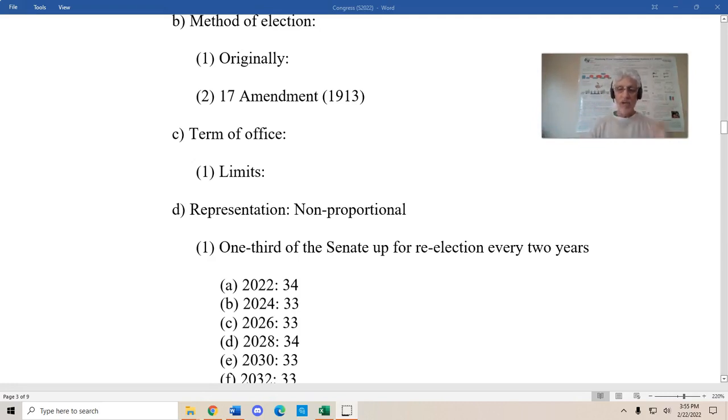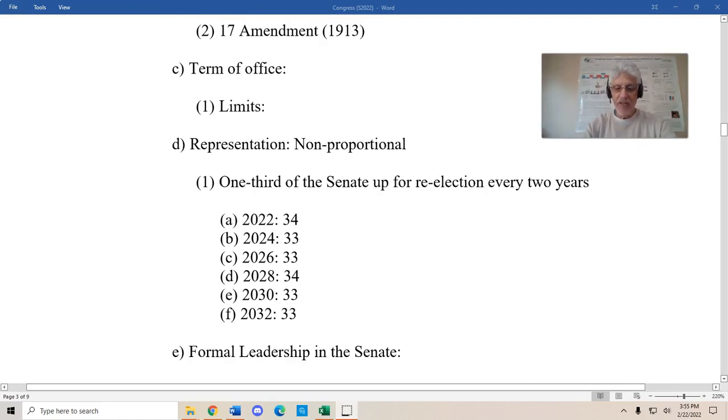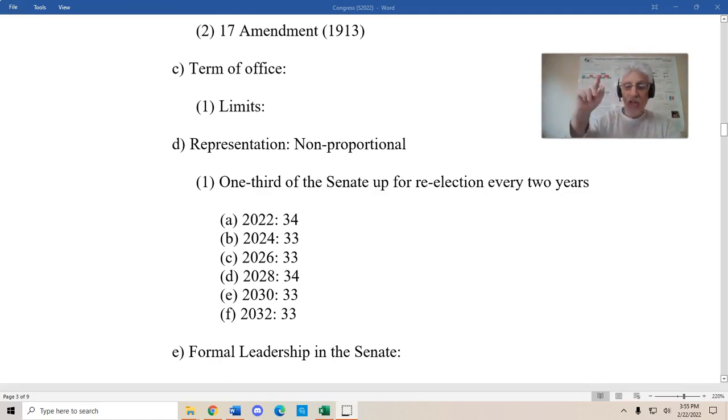So, in 2022, there were 34 members of the Senate who were up for re-election. In 2024, because I'm recording this in 2022, there'll be 33 members of the Senate up for re-election. In 2026, there'll be 33 senators up for re-election.